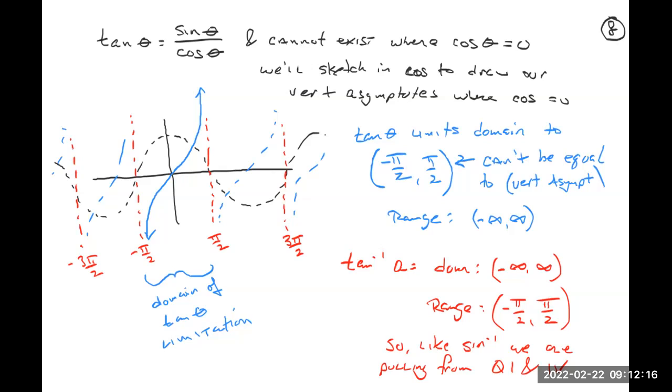For instance, secant, which is the reciprocal of cosine, right? So wherever cosine is 0, we draw a vertical asymptote. We sketch in cosine, and then everywhere cosine has a maximum, we can sketch in these kind of parabolic shapes.